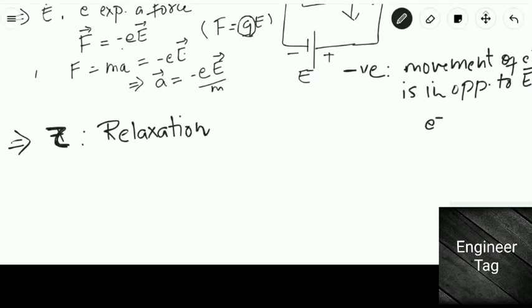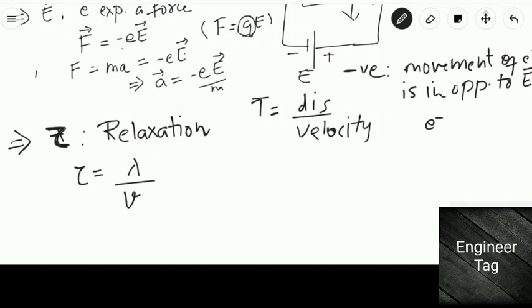So tau is equal to distance traveled, let it be lambda, over velocity. Time is defined as distance over velocity. Let's assume that distance traveled is lambda.